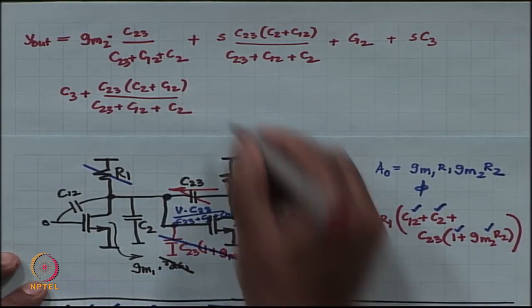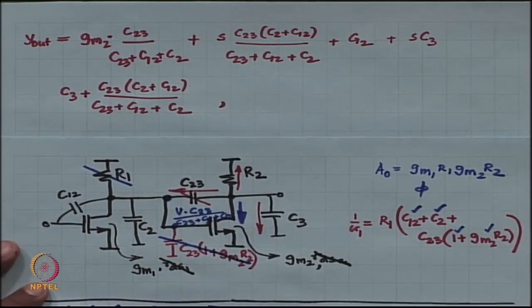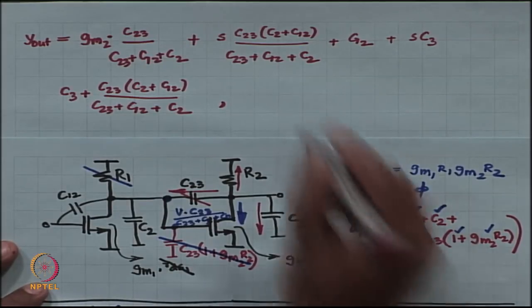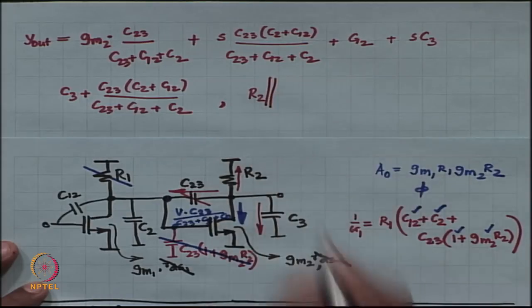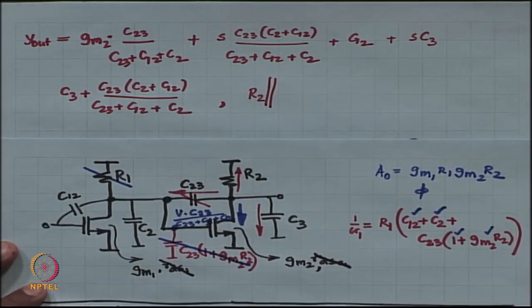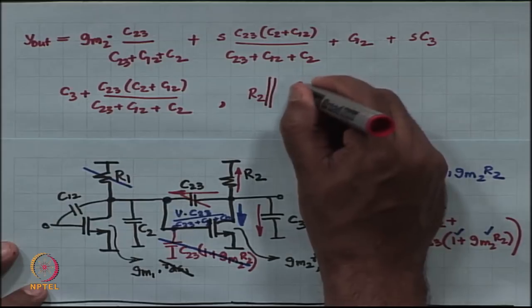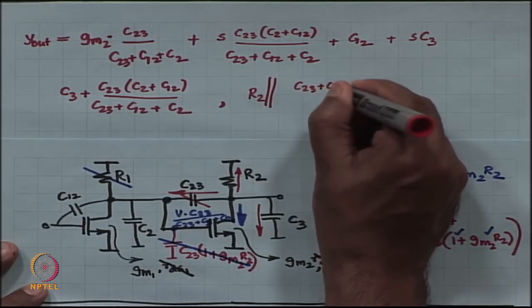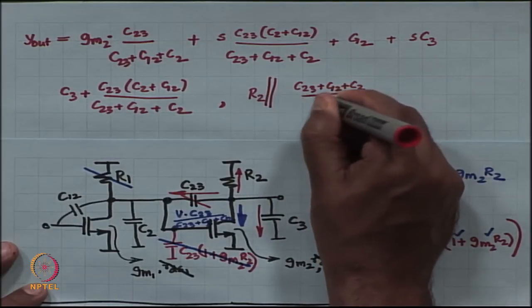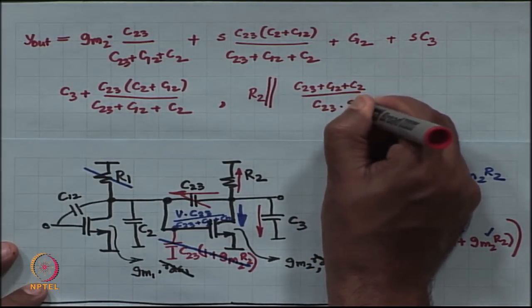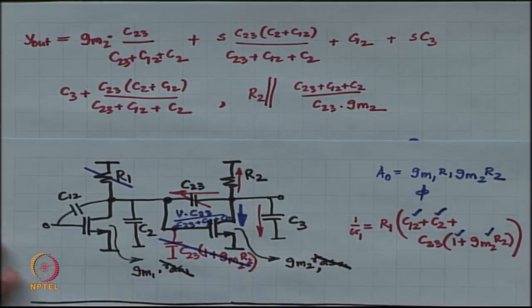This is the capacitor, and I have got a resistor of value R 2 in shunt with this. So much.